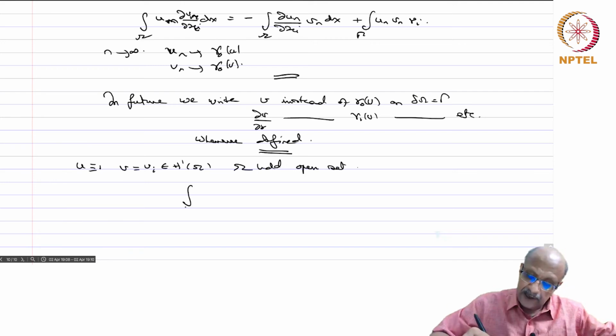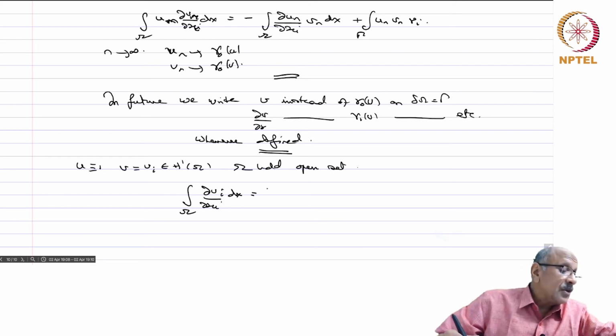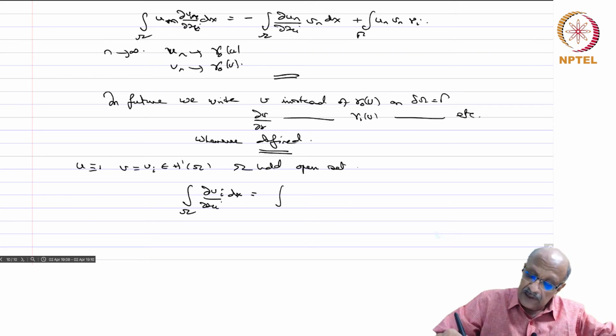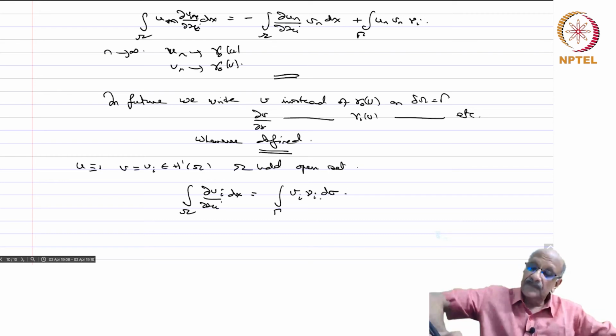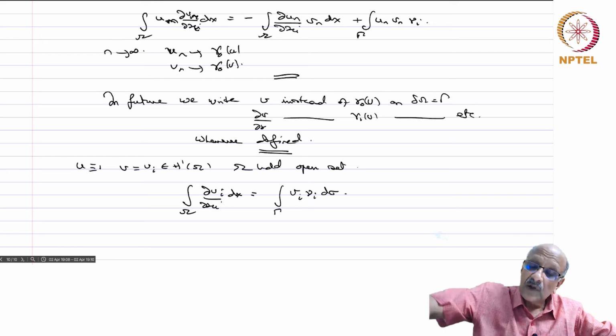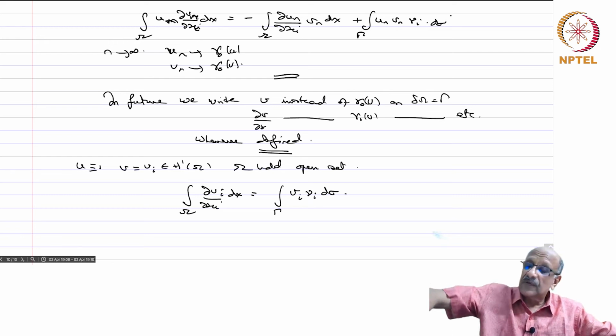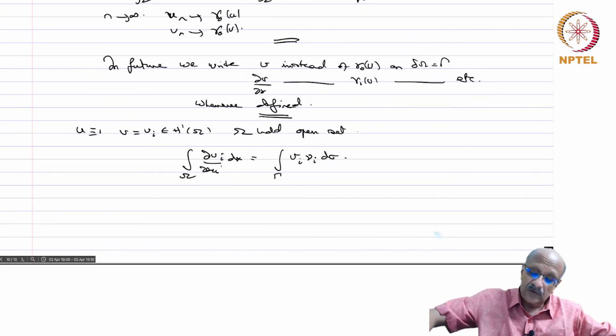So you get the integral on Omega of dv_i/dx_i dx equals, that is u, du/dx_i is 0, and therefore that will not be there, and then the integral on gamma of v_i nu_i d sigma. Here d sigma is the surface element for the integration on the surface.